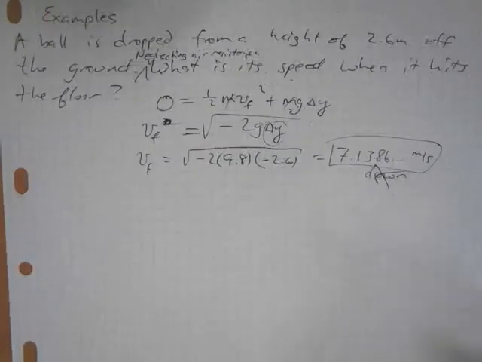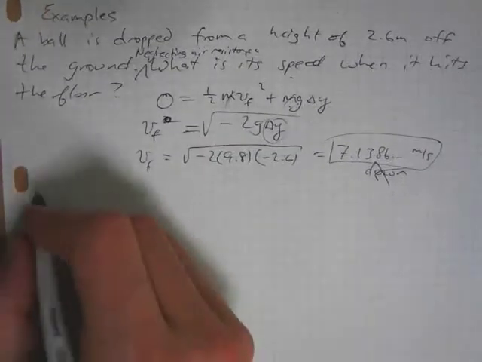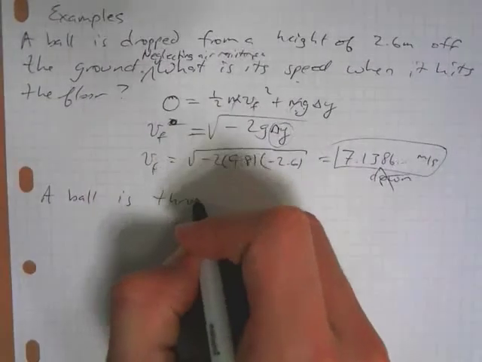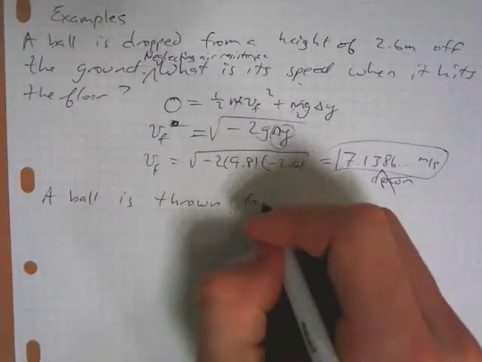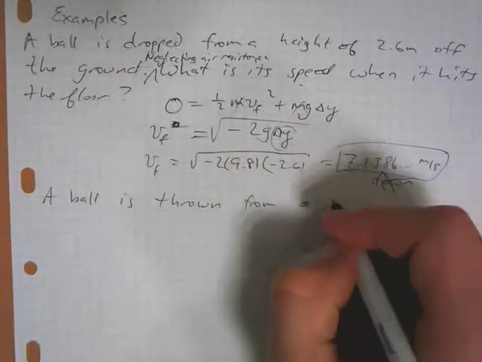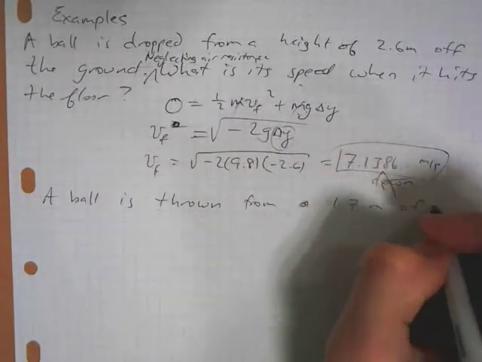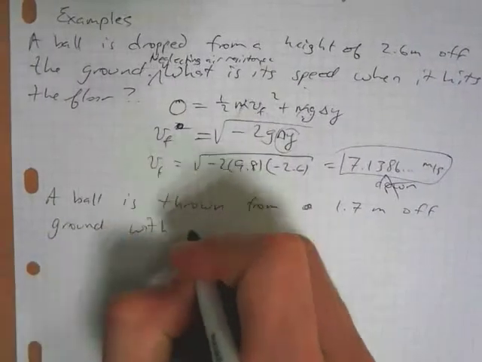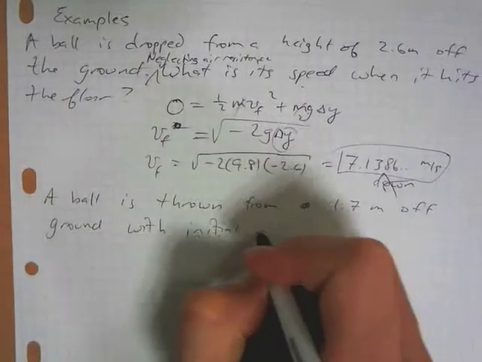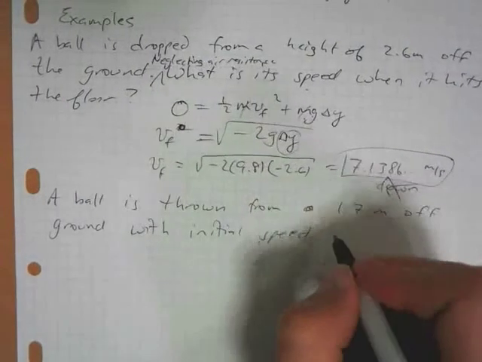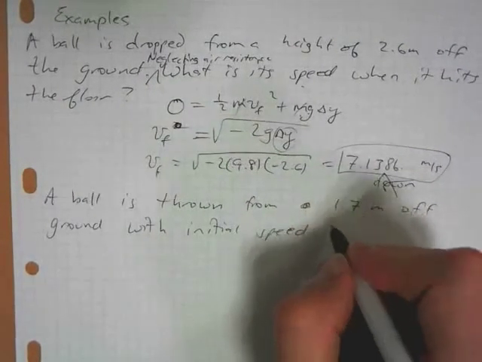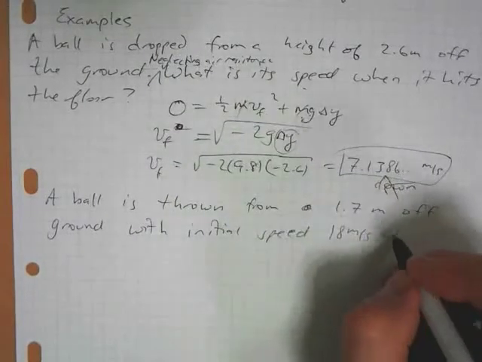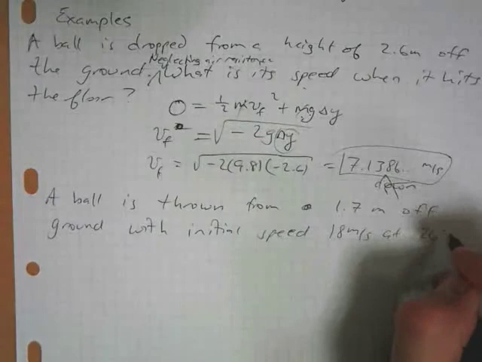Let's take another example of a kinematic problem. Let's say a ball is thrown from 1.7 meters off the ground with an initial speed of 18 meters per second at an angle of 26 degrees above the horizontal.